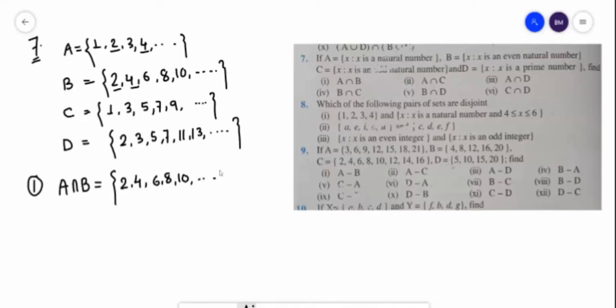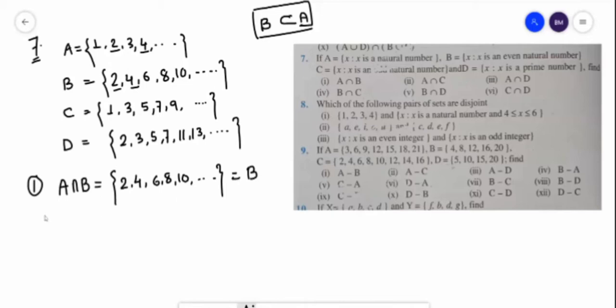That is actually the set B. See that B, the even number set, is a subset of A, because all the even natural numbers are in the set A and B is the set of only even natural numbers. So B is a subset of A. That's why for A intersection B we are getting the subset.